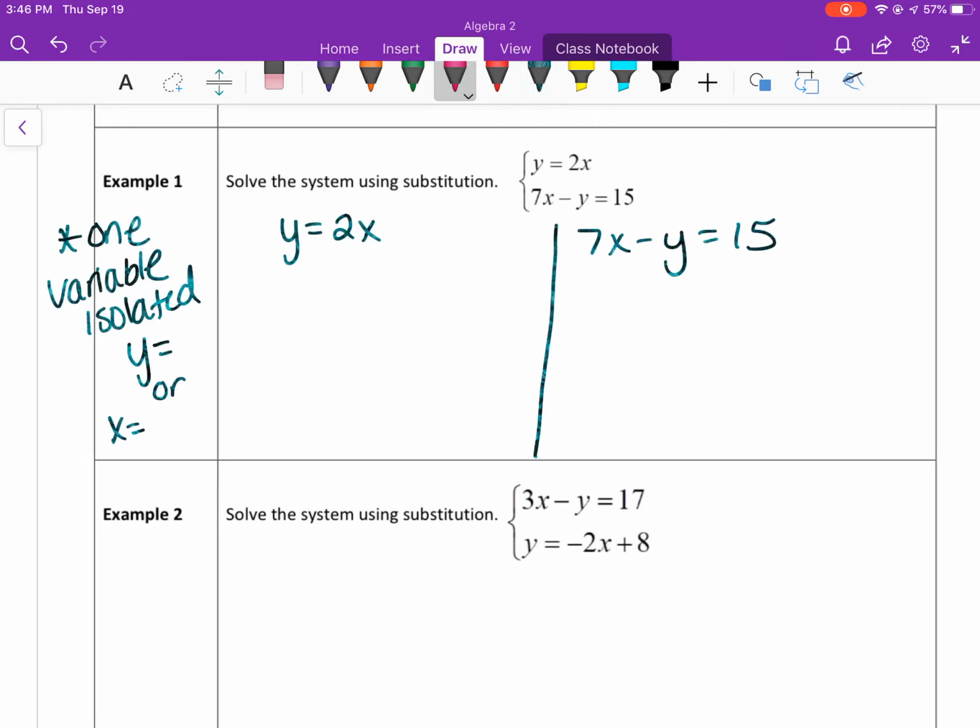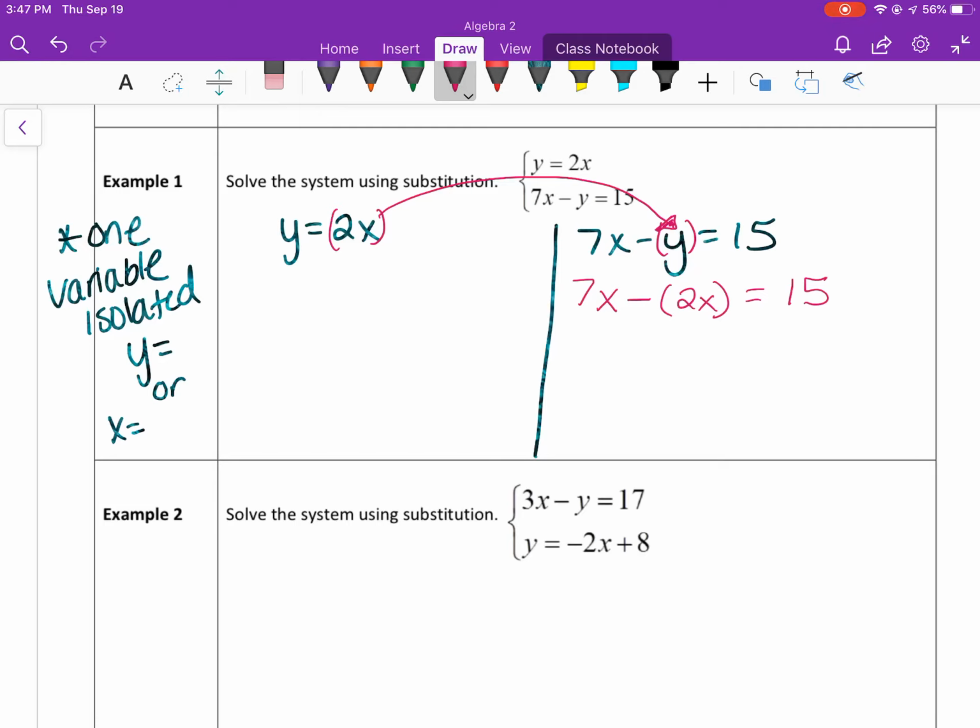So here in example 1, we already have y equals, and we have y equals 2x. So I'm going to substitute that 2x in the second equation for y. So substitute means to replace. So I'm going to have 7x minus, and then replace the y with 2x equals 15.